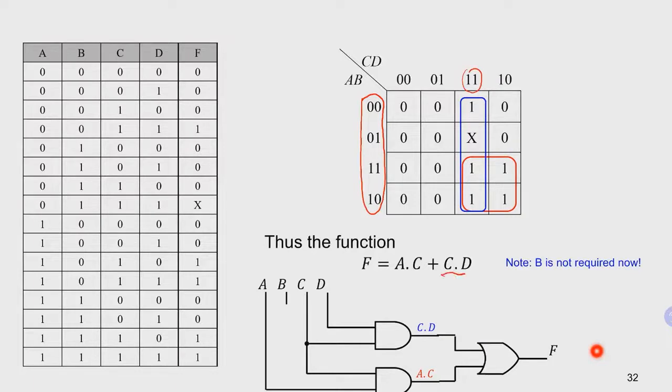So this prime implicant has changed from the previous one, which is B bar CD, into CD. So we eliminated B by using the don't care condition as 1. And then this is the implementation of this circuit.